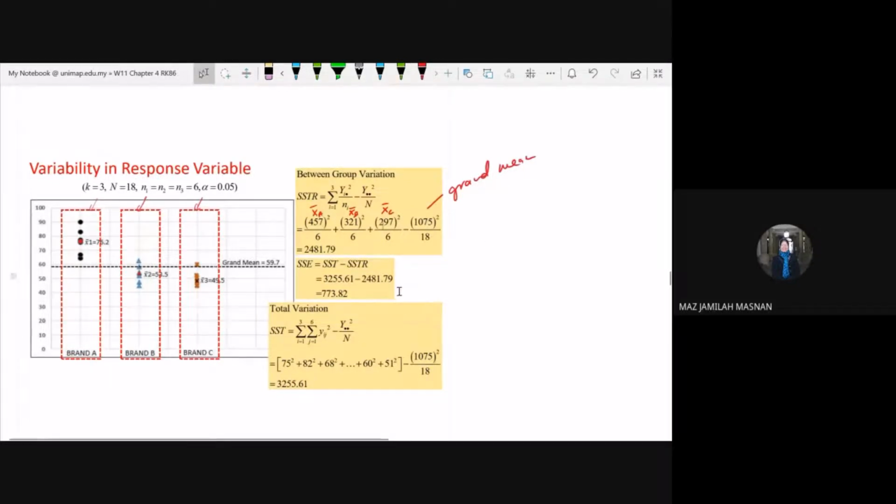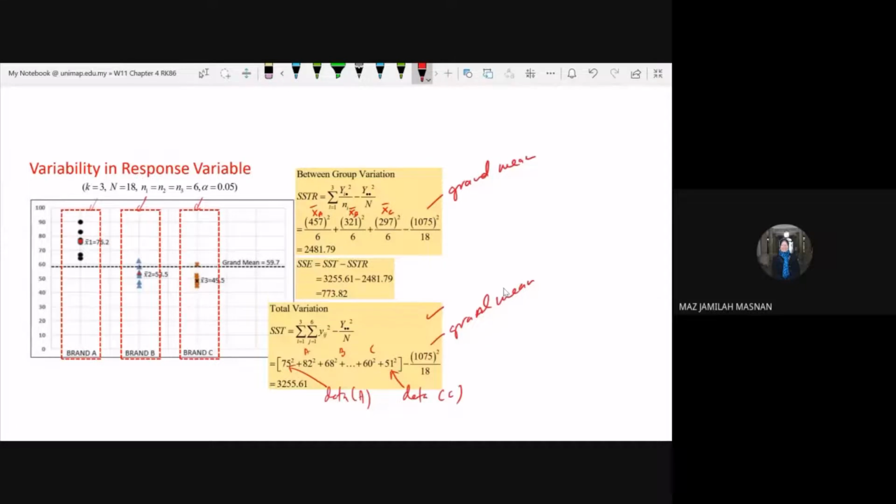And how do we get our SSE? Usually SSE is obtained by SST minus SSPR. So you need to find your total variation, which is based on each data value. Take all your data, square them, add them all, and subtract the grand mean term. These are all the data from brands A, B, and C, included in your calculation.